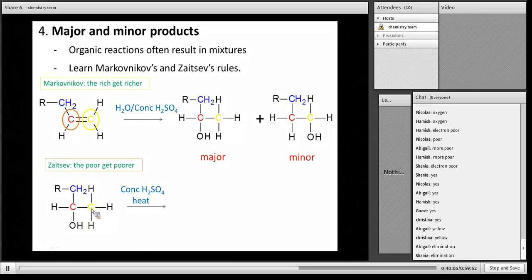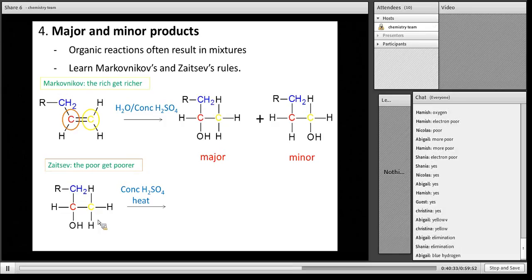So the adjacent hydrogen, am I going to remove a blue hydrogen, or am I going to remove a hydrogen from this yellow carbon? So think of the poor gets poorer. Which one of the blue and the yellow, well done, you're already there, Abigail. The blue one has got only 2 hydrogen atoms, the yellow one has got 3 hydrogen atoms.